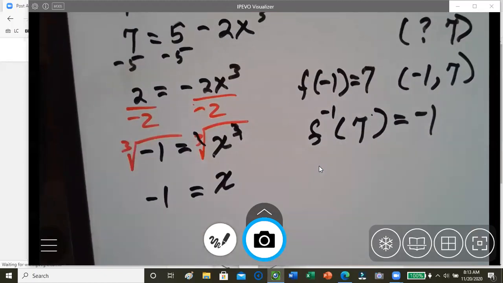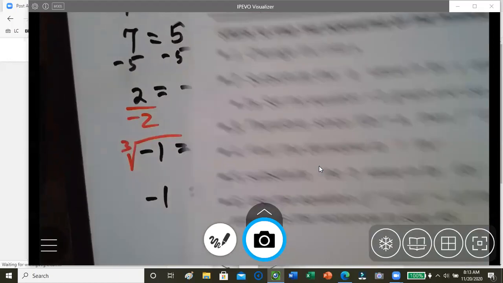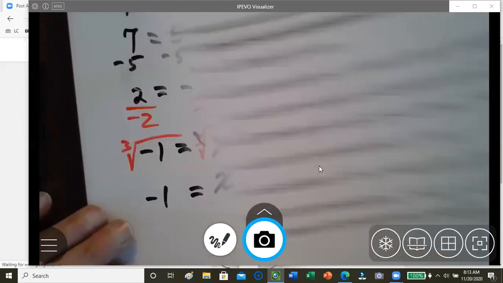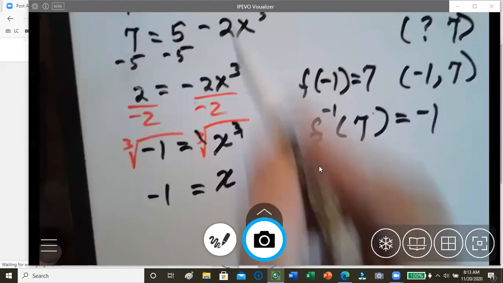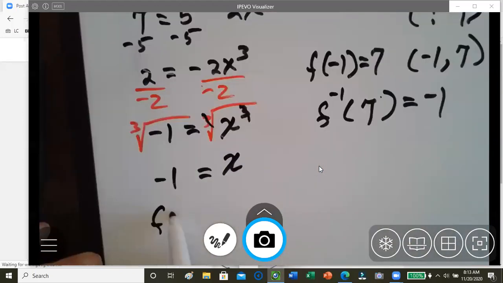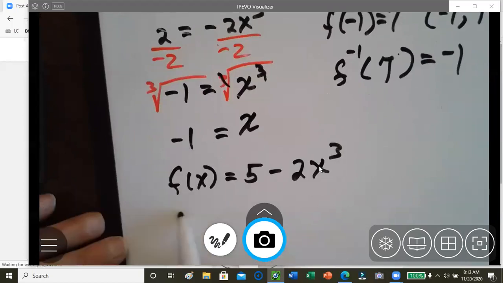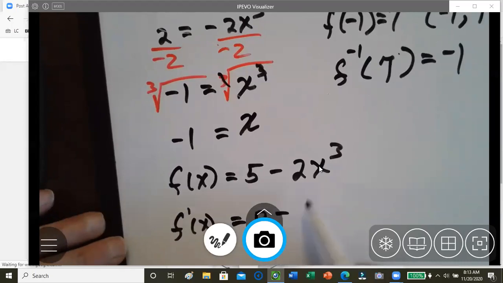Okay, so now we're going to find the derivative of our function. So we take this f of x, I'm just rewriting this original function, 5 minus 2x cubed, and now we're going to find the derivative of that. Well, the 5 goes to 0, right? And then this will be negative 2.